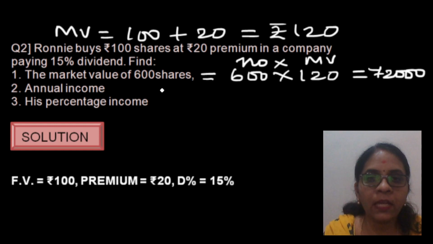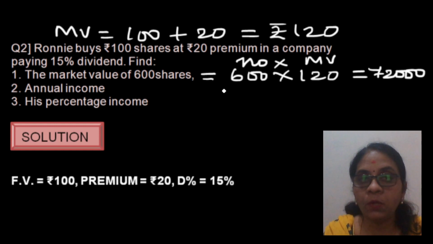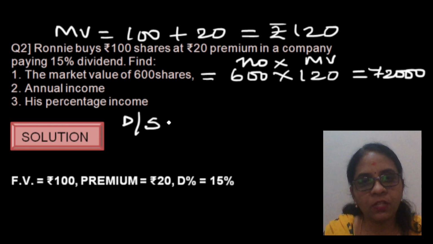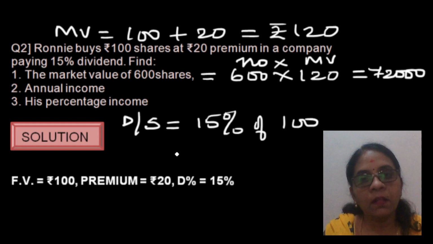Now, annual income. To find annual income, the formula is annual income is equal to number into D per share. Number we already know, we have to find D per share. So, what is D per share? D per share is D percent of face value, 15% of 100, which is equal to 15 rupees.